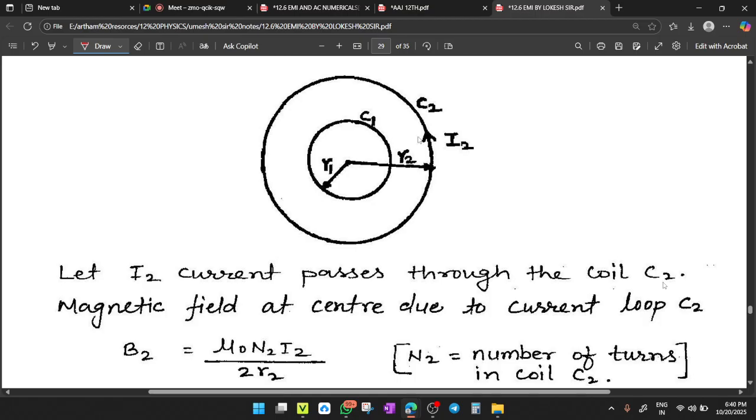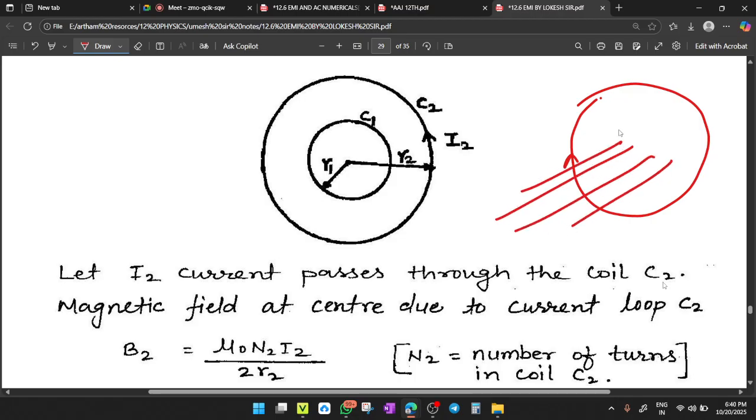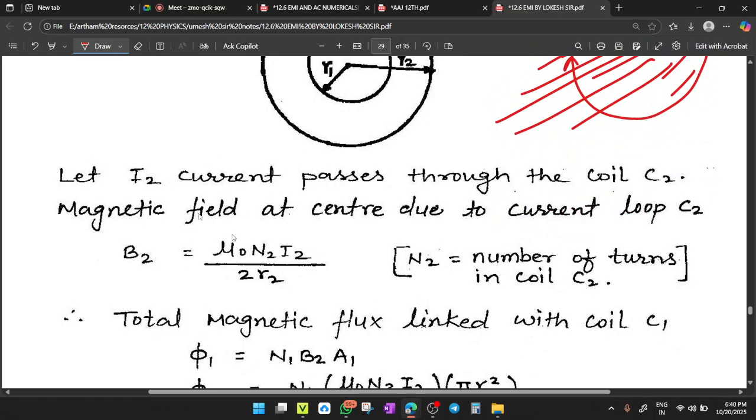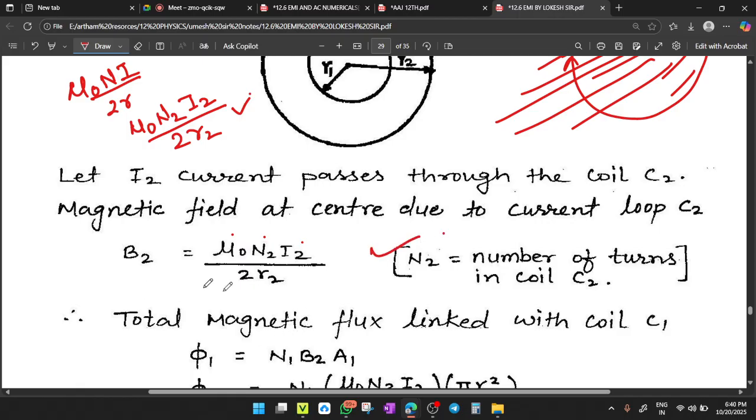When current is passing through any coil, the field inside the circular coil is parallel to the axis, and the field is B2 equals mu naught N I upon 2R. So here it is mu naught N2 I2 upon 2R2. Clear? So this is for B2.